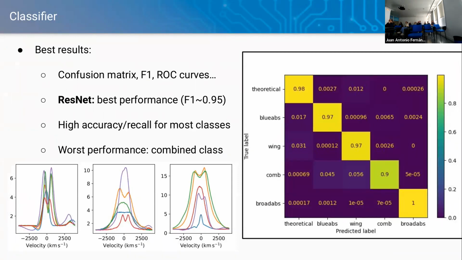You don't have a ham that is half Teruel and half Pijan. Well, it's half Teruel, half Paletilla, so it's not that bad. You will enjoy that. But for example, you have a class that is dedicated to things that mix other characteristics. And you could also have broad plus wing plus blue absorption.